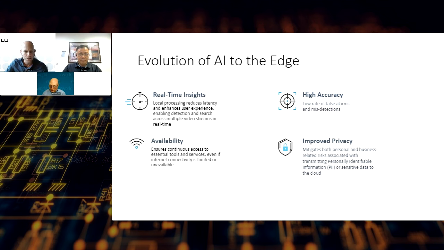Anyone familiar with autonomous vehicles, Teslas for example, knows that reducing latency and enhancing the user experience is critical. If you are using video to make determinations about a person that may be passing in front of your vehicle, you can't wait for that scene to be transmitted up through multiple points in the network back to the cloud, processed, with the cloud determining whether that person is passing in front of the car or not, and then routing that information back to the vehicle through several hops.